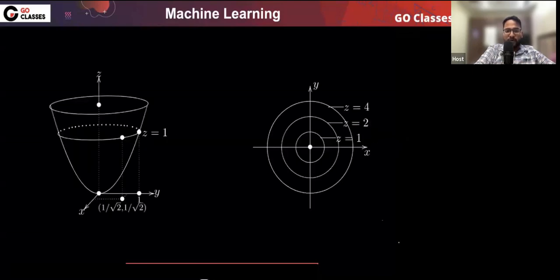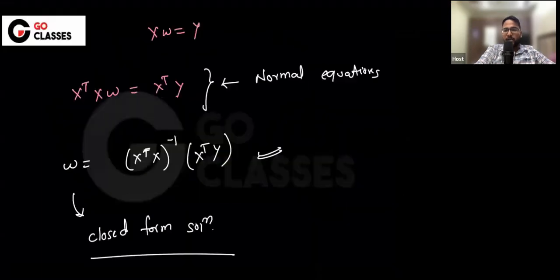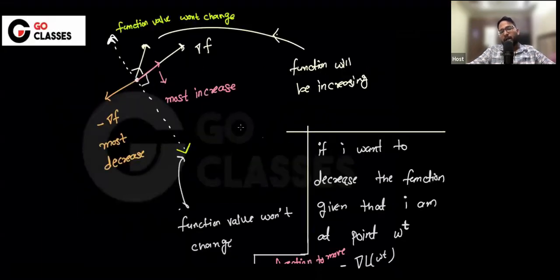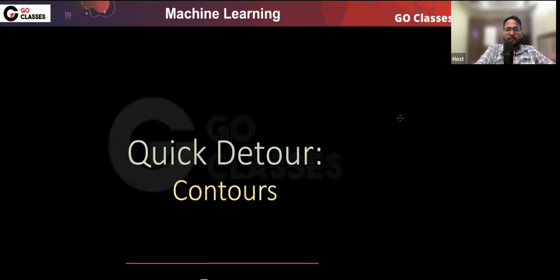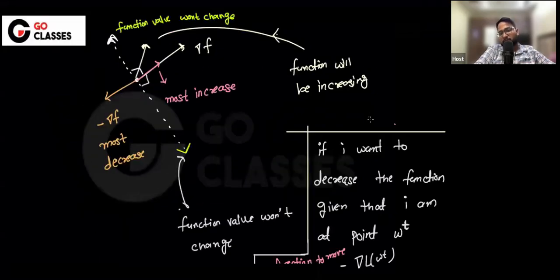We have seen the direction of the gradient, right? The fundamental is that if I want to decrease, then I go in the direction of the negative gradient. This is the only basic and important principle behind gradient descent.